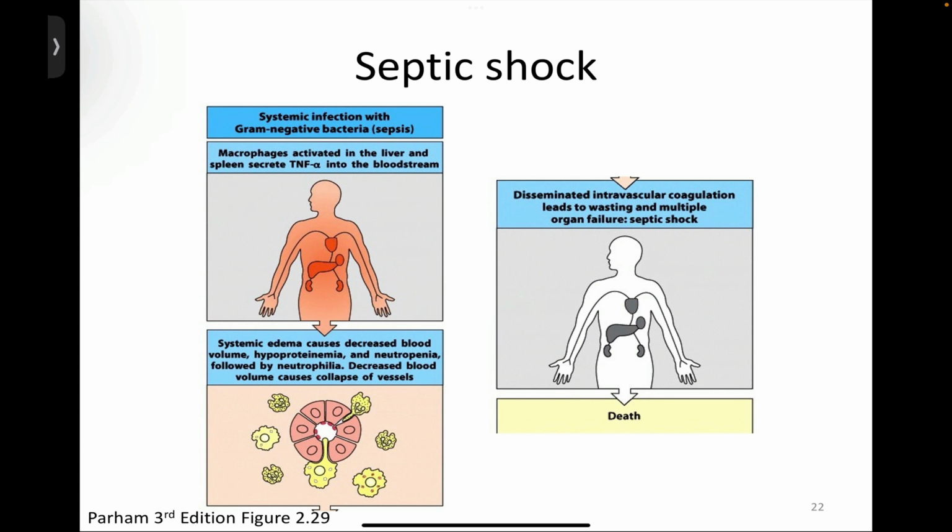Let's think about what happens in that situation. Remember our example with the hand. What happened to blood vessels in the hand? They dilated. What else happened to them? They got leaky, right? That's one thing that happens in your hand.